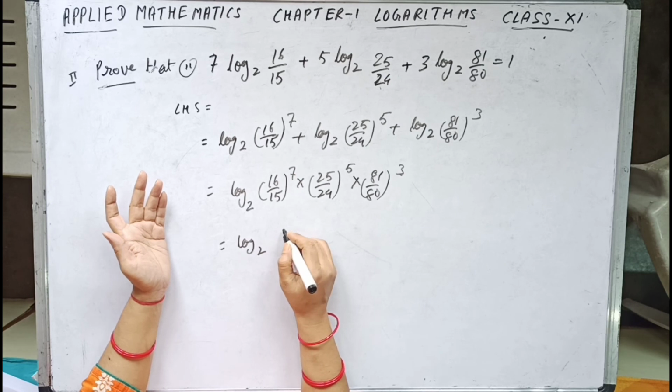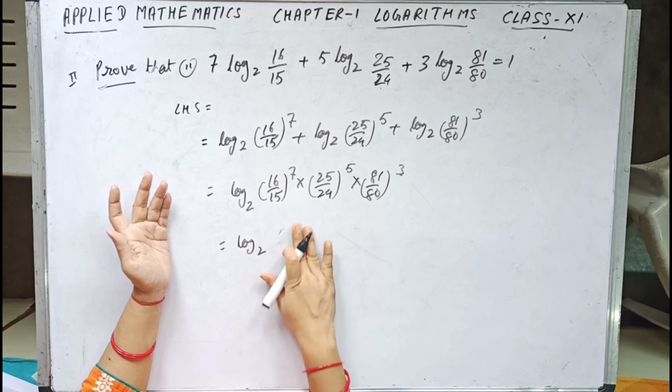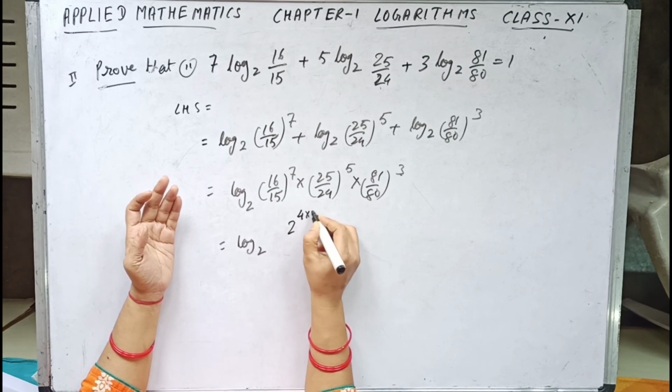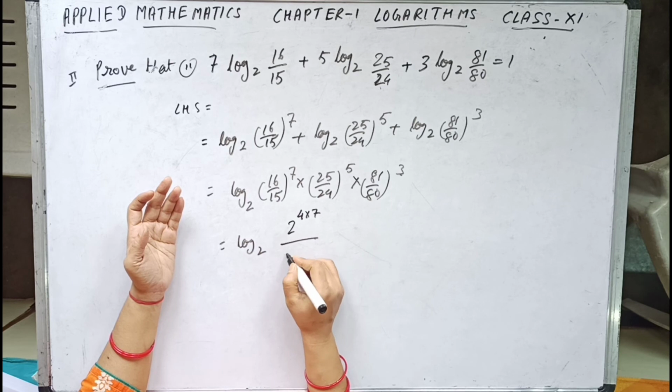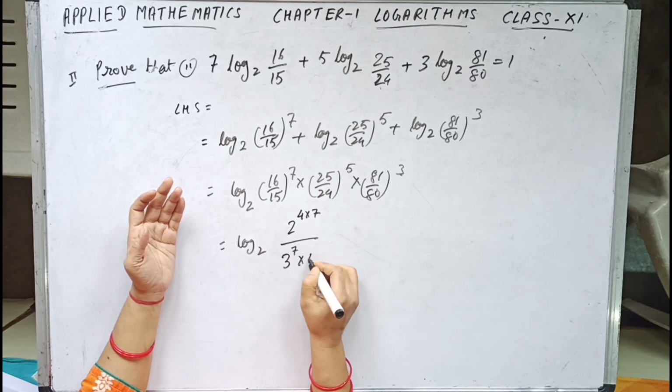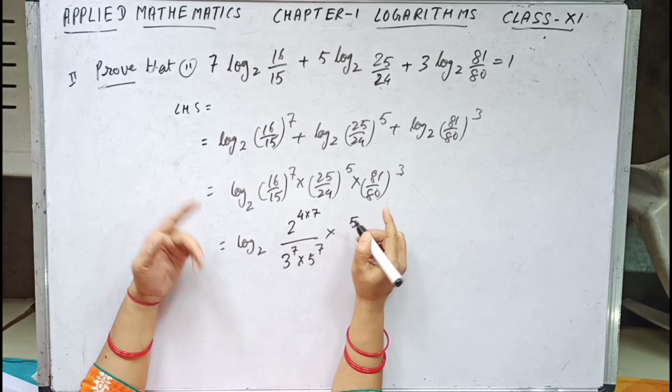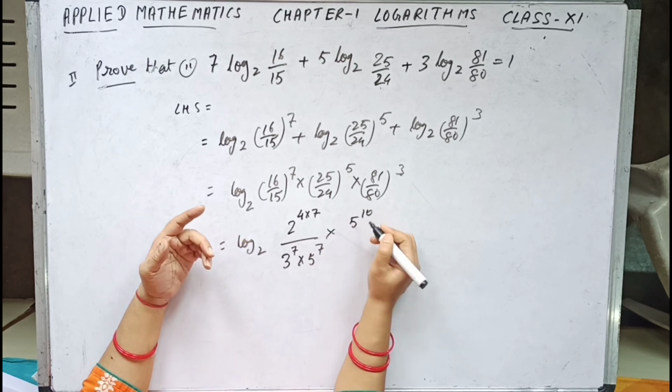So let us do the cancellation. Over here, 16 is 2 power 4. 15 is 3 into 5, so 3 power 7 into 5 power 7. Over here 5 power 2, and 2 5s are 10, so 5 power 10.